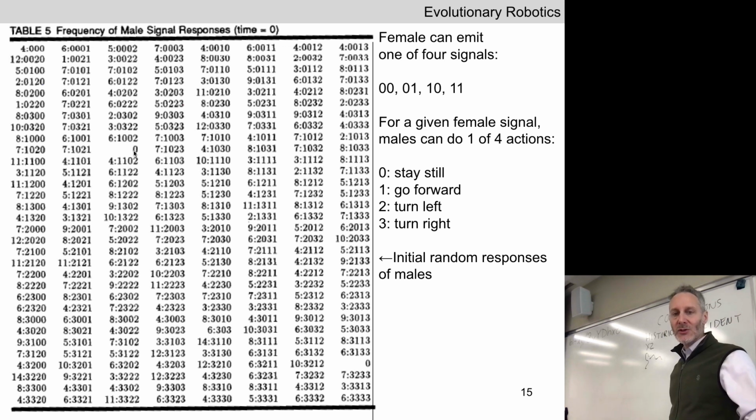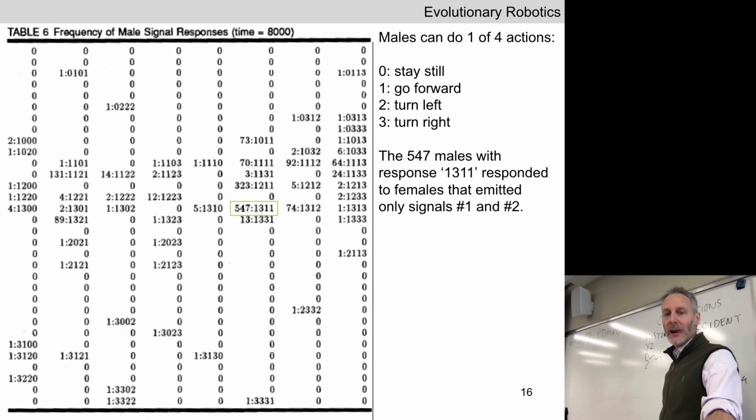Again, I apologize for the small font, but if you scan your eyes over all the numbers to the left of the colons, you'll notice that across this entire table, there's a more or less uniform distribution of things that males do in response to female songs. Everybody see that? Okay. All right.